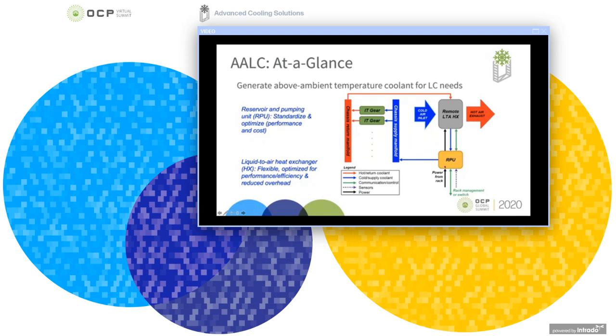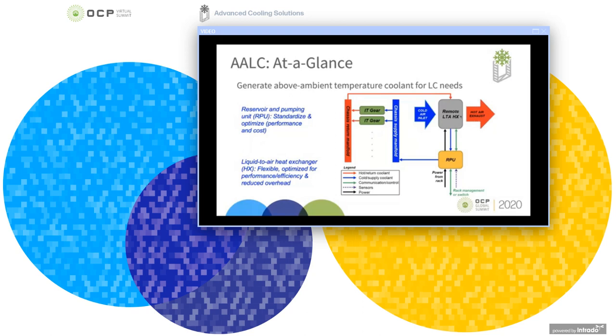For example, the RPU is basically a CDU without a plate heat exchanger. And in the air-assisted liquid cooling concept, this reservoir and pumping unit serves as the hub of the air-assisted liquid cooling system by powering and controlling the remote liquid-to-air heat exchanger. So in this way, unnecessary overhead that would be involved in using off-the-shelf components can be minimized, and the system becomes more flexible or modular.